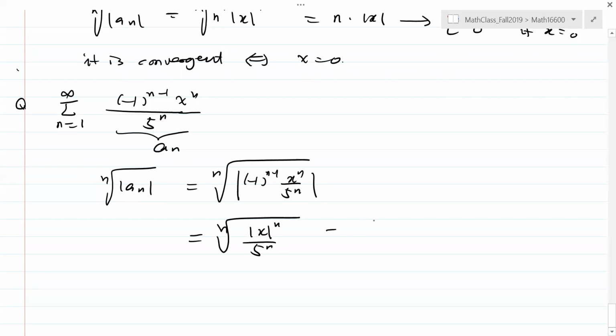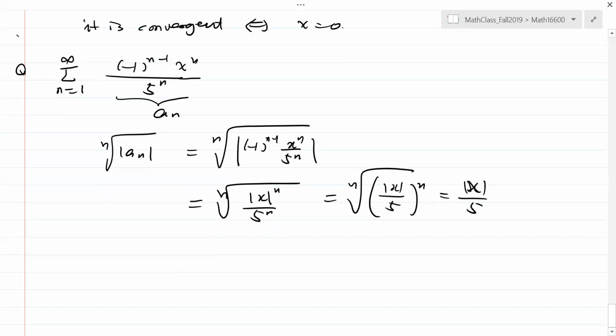So you can also write it like this. After simplifying, the answer will be this. Clearly the limit is itself, it's already the limit, independent of n.